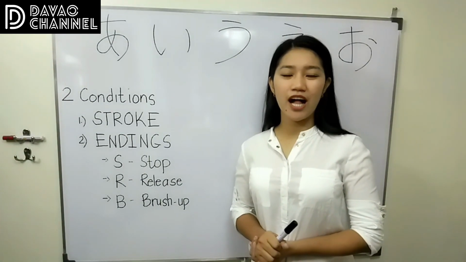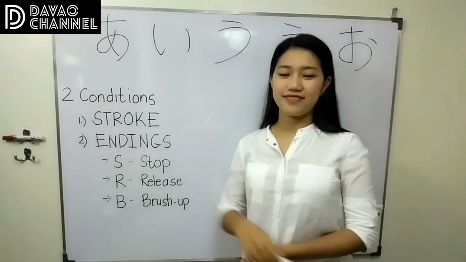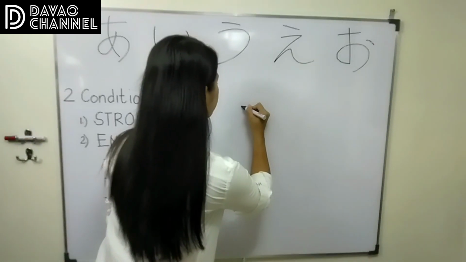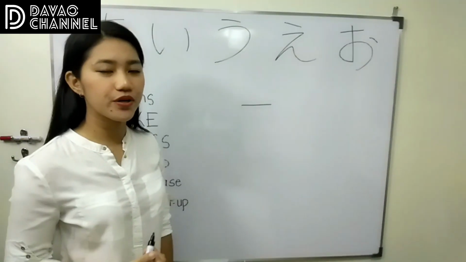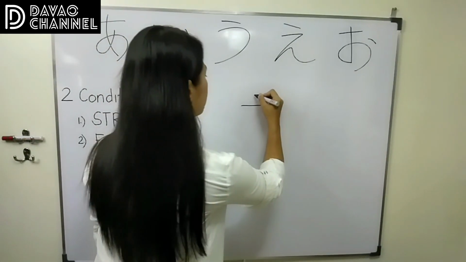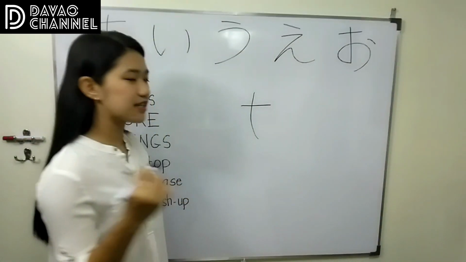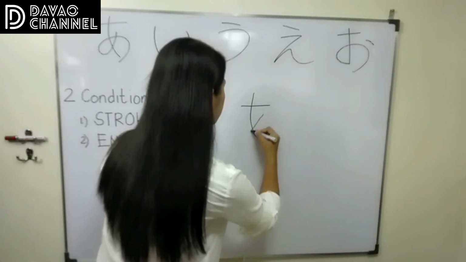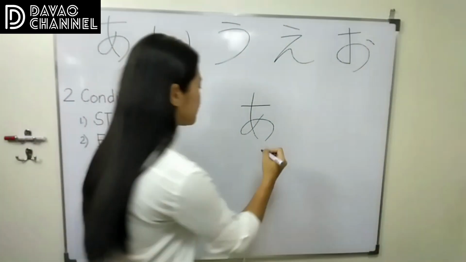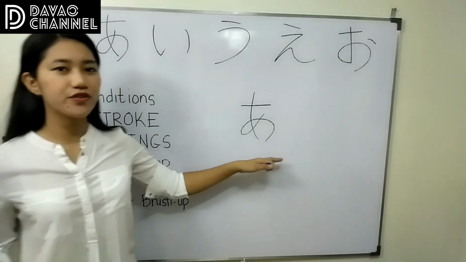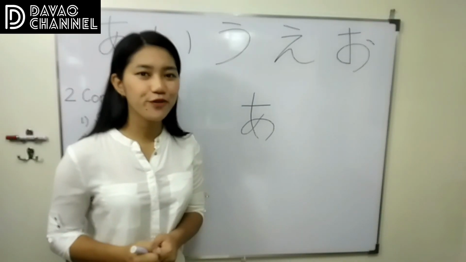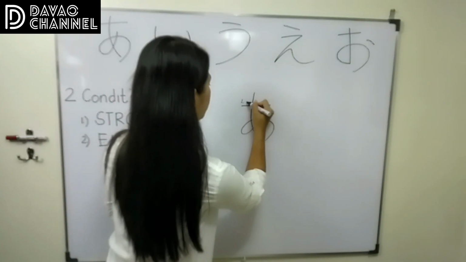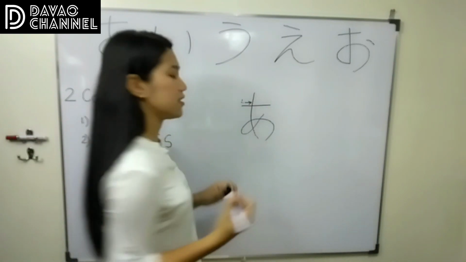Let's begin with our letter A. For our first stroke, it's like this. And second stroke, slightly curved. And our third stroke, release. So that's how we are going to write our letter A. For the review, this is our first stroke, and to that direction.